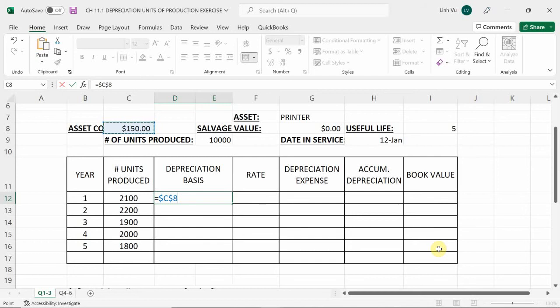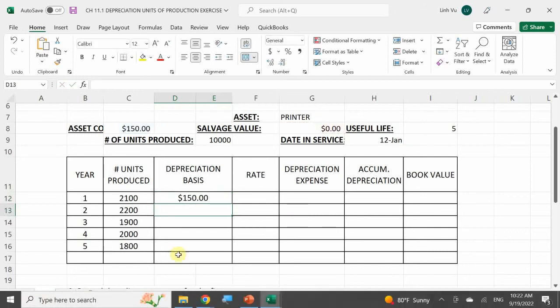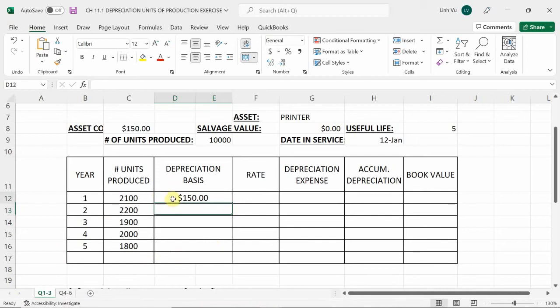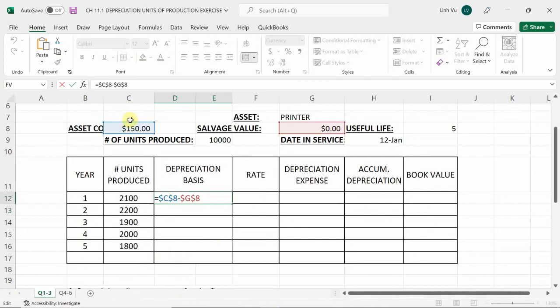Once I hit that F4 key, all of a sudden you're seeing $C$8. And I'm going to subtract out this salvage value of 0, and I'm also going to absolute cell reference that one too. What does that mean? When I make this calculation, it's going to only take this exact cell and this exact cell, meaning it's not going to move around.